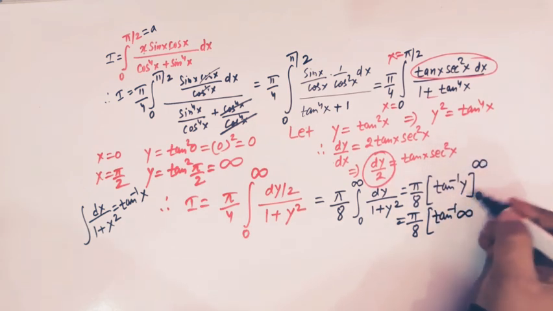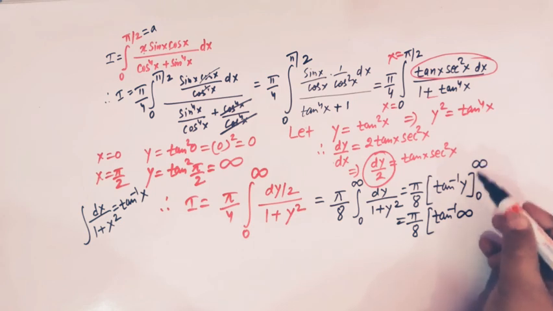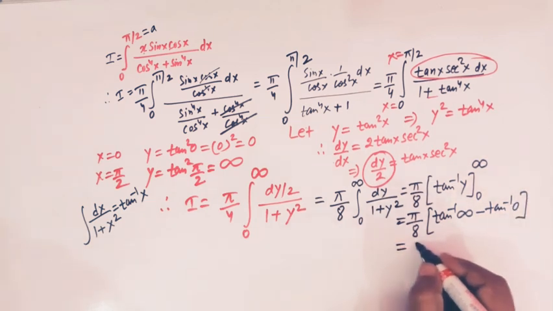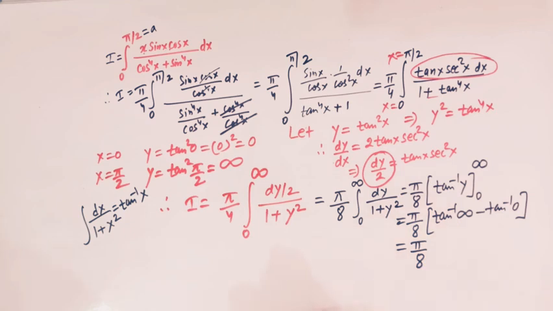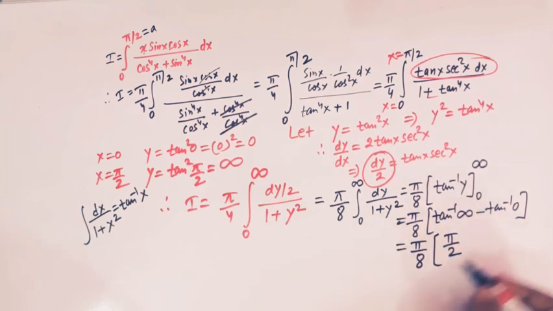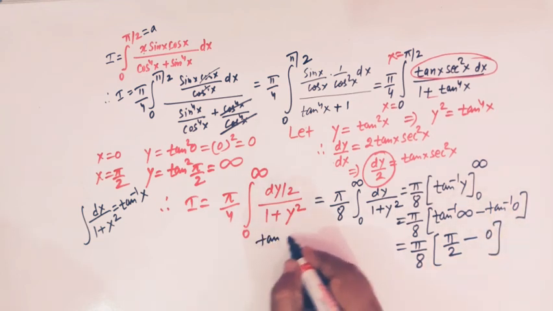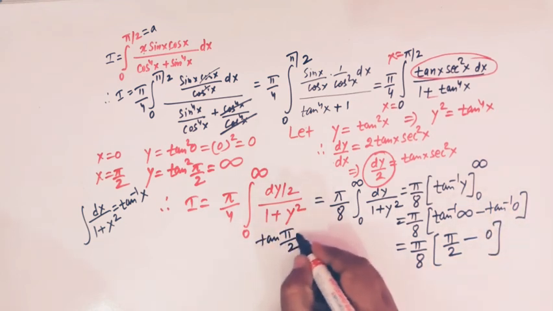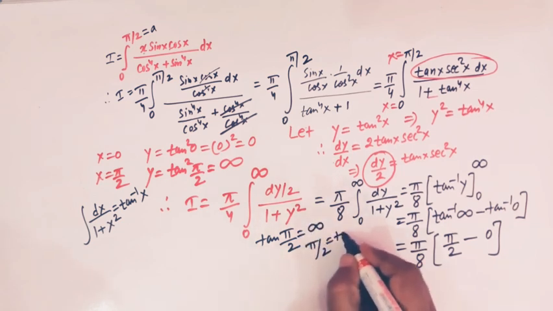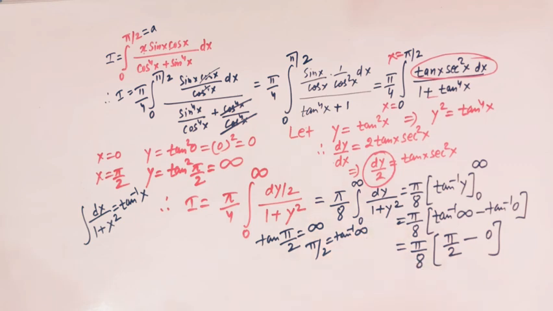We'll substitute the upper limit and lower limit, and we'll take the difference, and here we have tan inverse 0, right? So now this is pi over 8, and tan inverse infinity is pi over 2. Tan inverse 0 is 0. We know that tan pi by 2 is infinity, so pi by 2 is equal to tan inverse infinity, right?